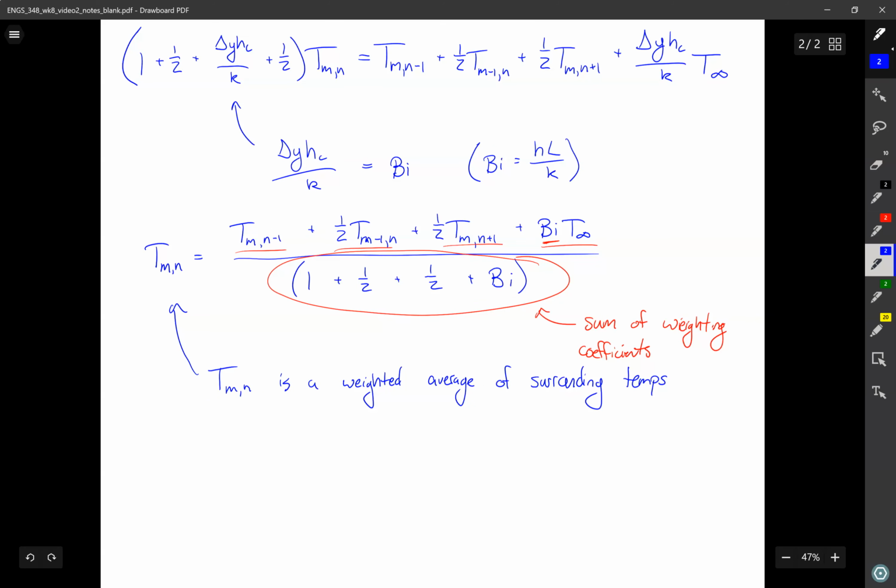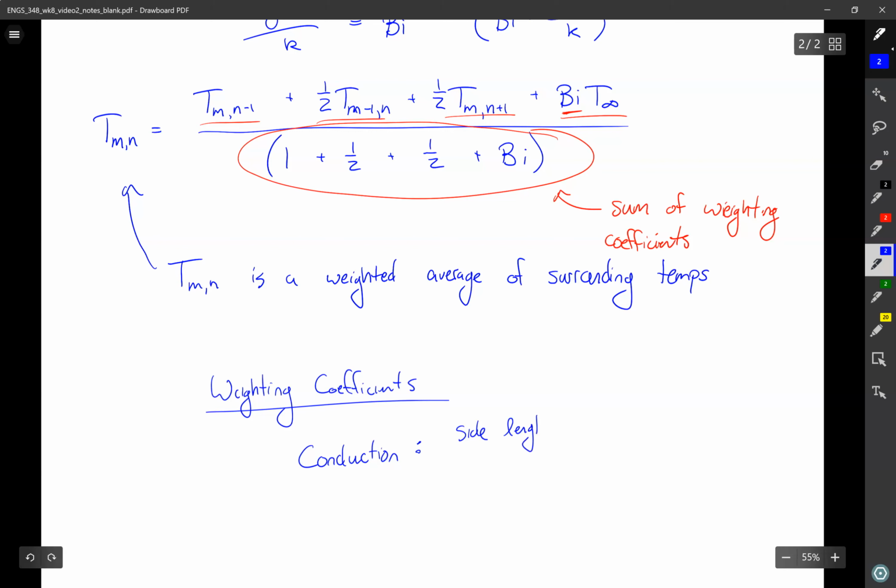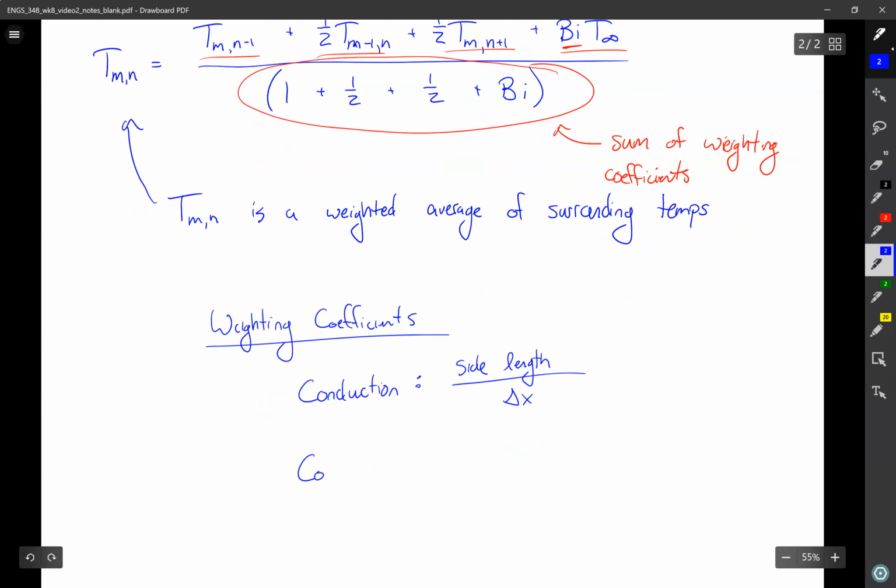So our weighting coefficients are, for conduction, the side length divided by delta X. For convection, it's the Biot number.